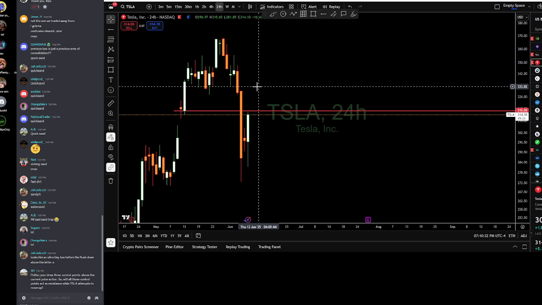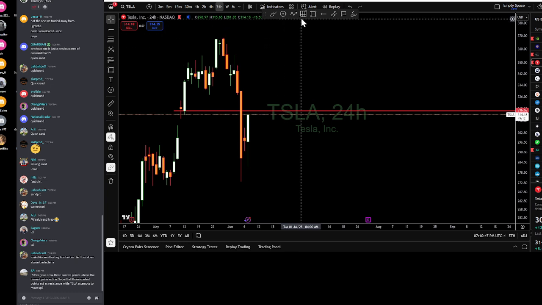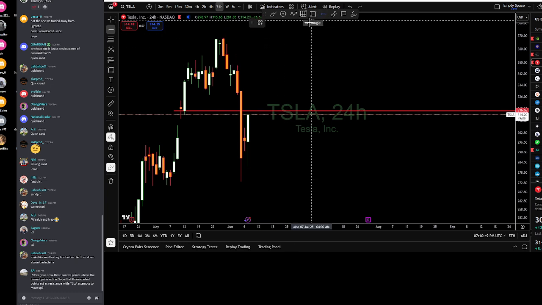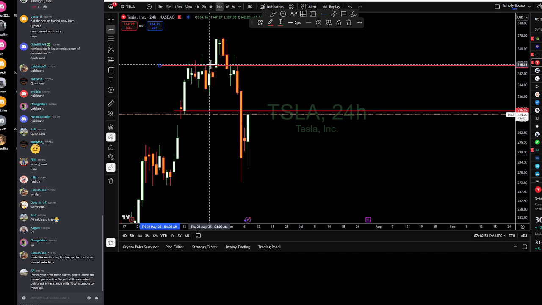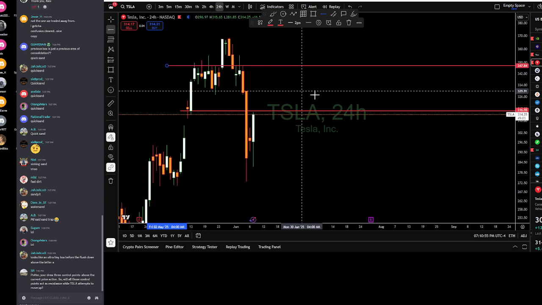So Potter, you drew 3 points of control above the current price action, so with all of those control points up as resistance. While all of those control points act as resistance while Tesla attempts to move up, yes. Are you talking about to the upside? If you're talking about right here, those points of control over top, yes, that will act as resistance.